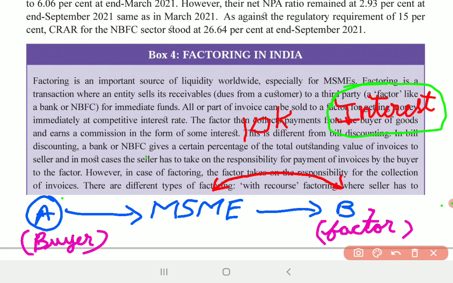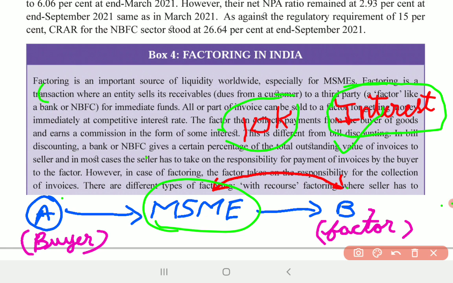The factor will give the complete 10,000 back to the MSME. He will not be deducting any commission like the bank did in the discounting of bills. He will be giving the entire money, but in return he will be charging interest from the MSME.